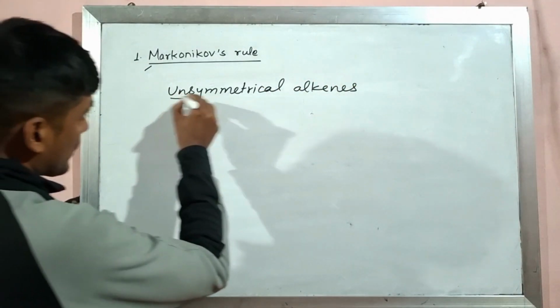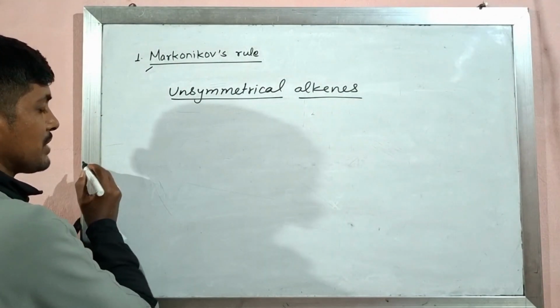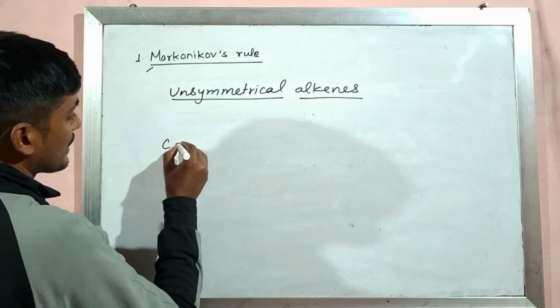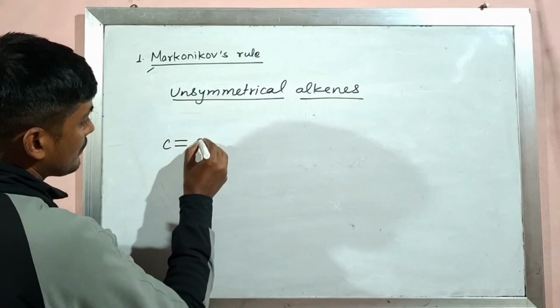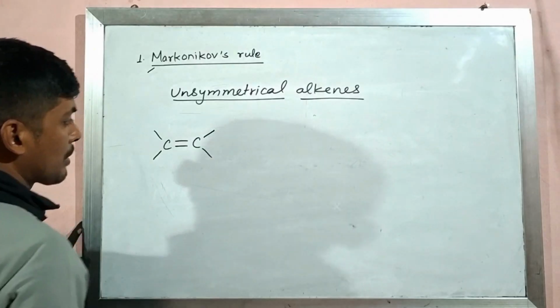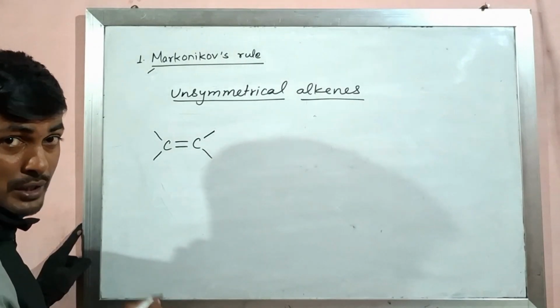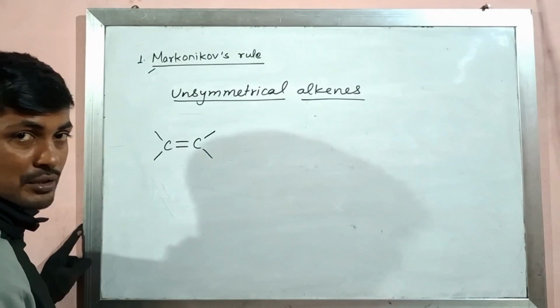So what is an unsymmetrical alkene? First of all, we have to understand that an unsymmetrical alkene means an alkene where both the carbons bonded by the double bond do not have the same substituent, they have different substituents.